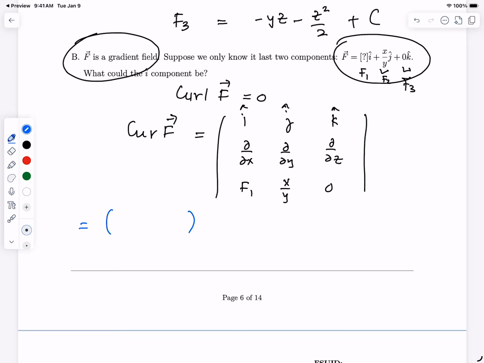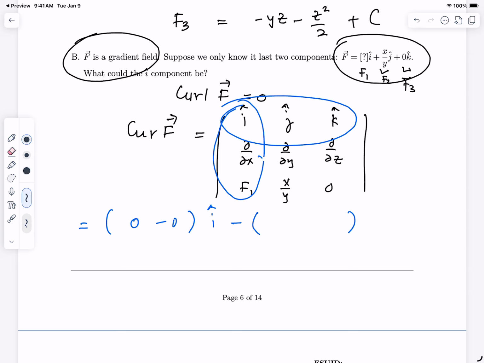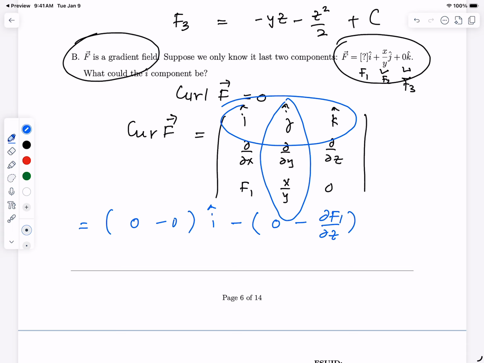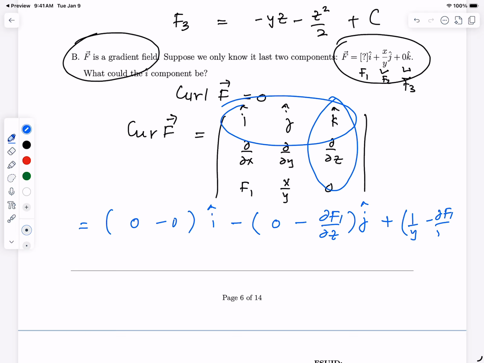So if I ignore this row and this column, the determinant gives me 0 minus 0 i hat, minus, I remove this one, then I differentiate with respect to x, 0 minus partial f1 by partial z, j hat, plus, now I remove this one, if I differentiate with respect to x, this is 1 over y minus partial f1 by partial y, k hat, is equal to 0. Okay, 0 is a vector.